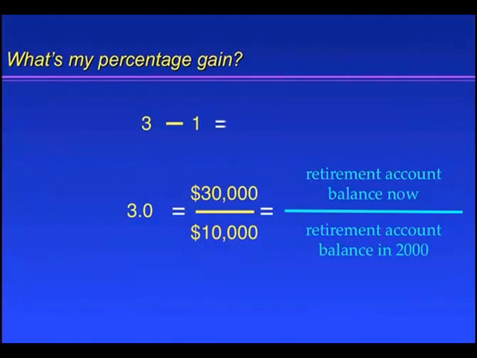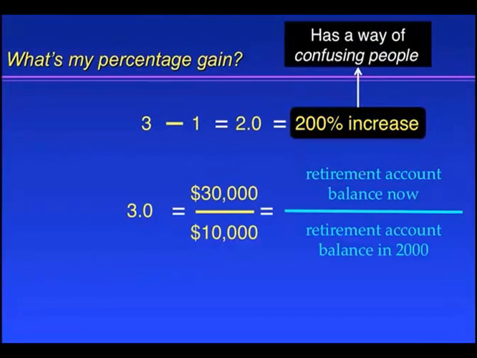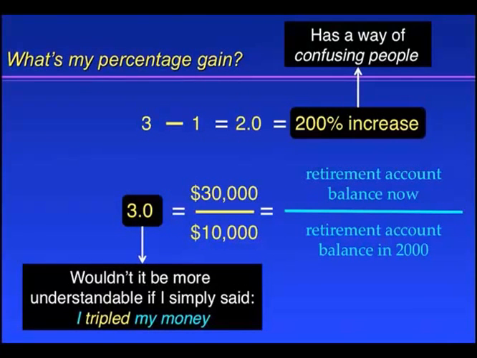It's 3 minus 1, or 2.0, which is 200% increase. Wow. But that has a way of confusing people. Once you get over 100% increase, it has a way of confusing people. Wouldn't it just be simpler, more understandable if I simply said I tripled my money? Sure it would.